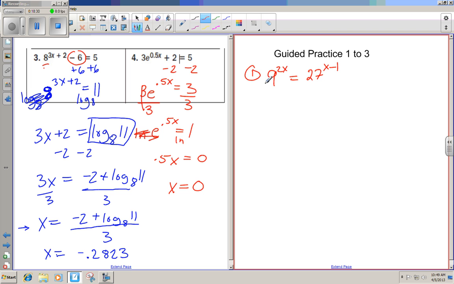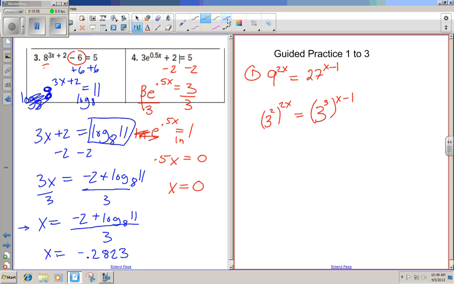This is number 1 from the guided practice in the textbook. 9 and 27, they are not the same. There is no way to make 27 into a 9 using exponents. But 9, hopefully you're all saying, is 3 squared. 27 is 3 cubed.